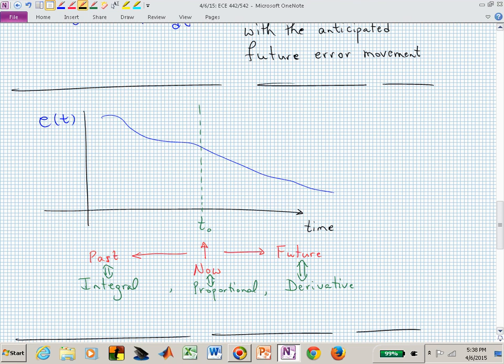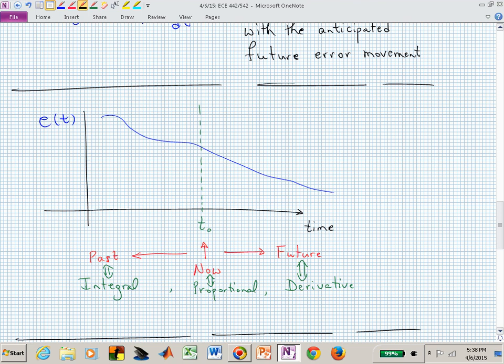Now is what the proportional controller is looking at. It's looking at that particular E of t0 and responding by making a part of your control signal proportional to the present error.